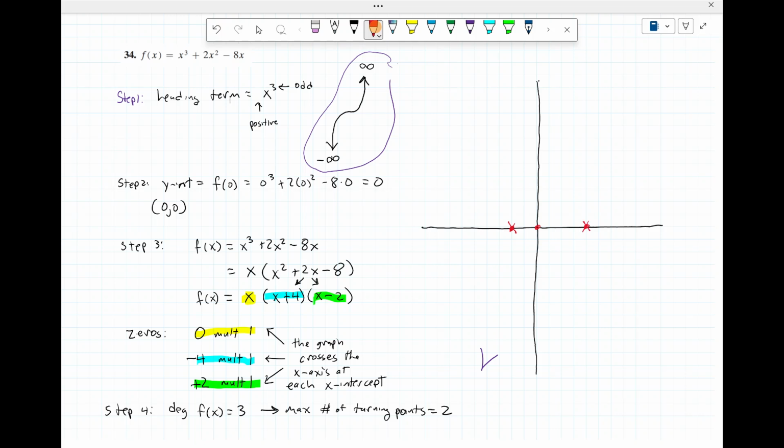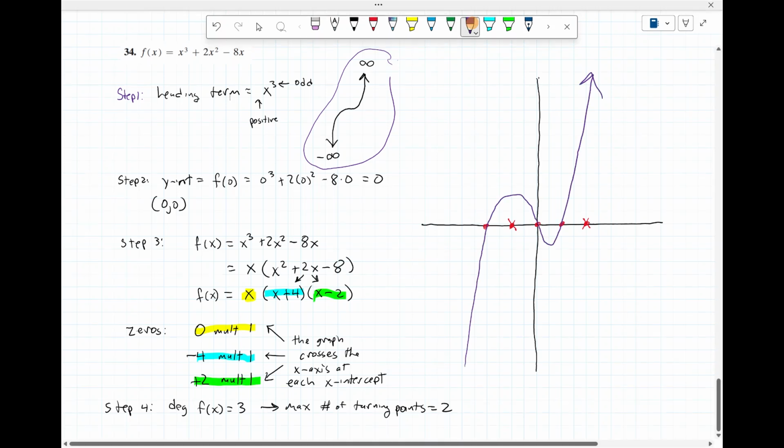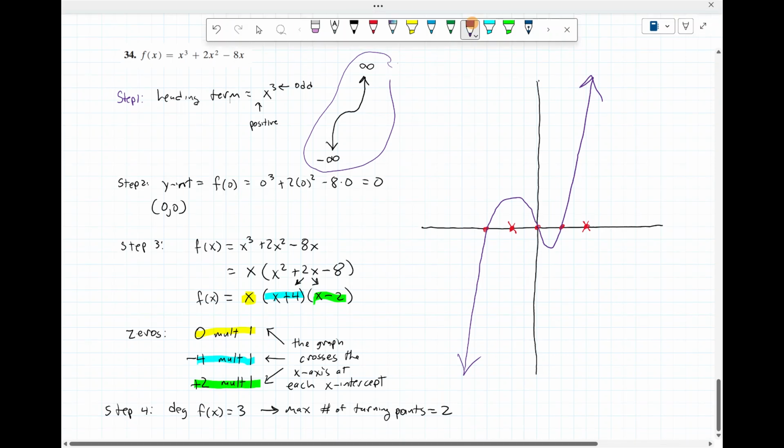And now I know that my 0 actually happens at negative 4, and my other 0 happens at positive 2. And so my graph should look more like this. Let me try that one more time. Why did it disappear? Let me get it back. There it is. Okay.